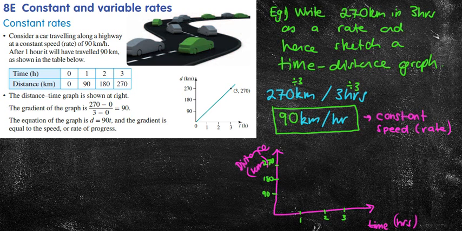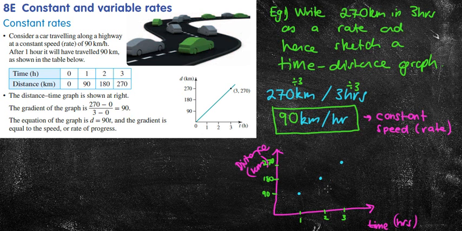In that first hour, we travel 90 kilometers. I'm going to put a dot there. In the second hour, we would travel 2 times 90, which is 180, but again, that shows that I'm only going up another 90 kilometers for that hour. In the third hour, from the question, we went 270 kilometers. But again, 90 added on to 180 is 270.